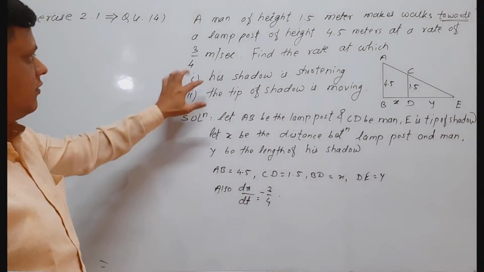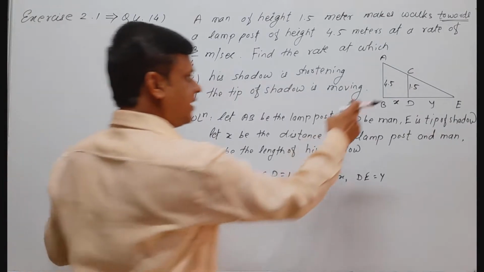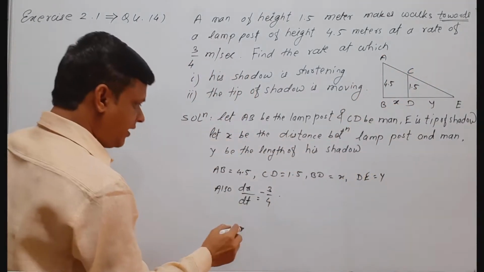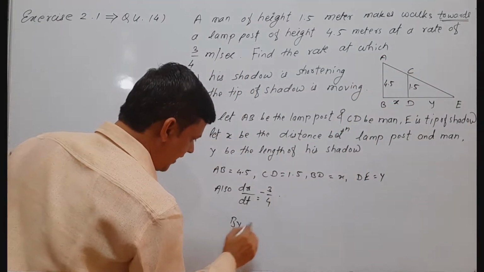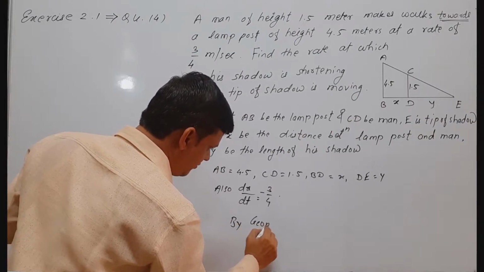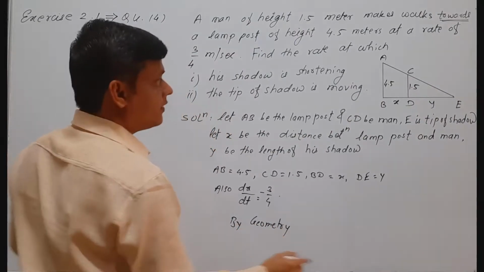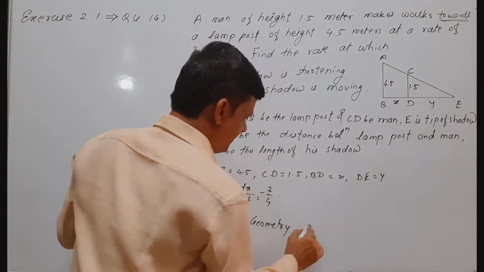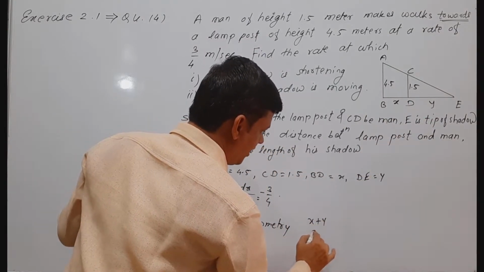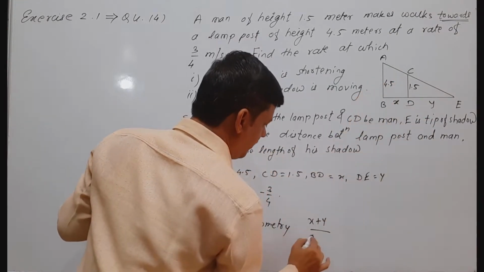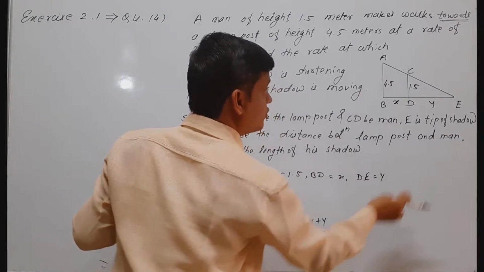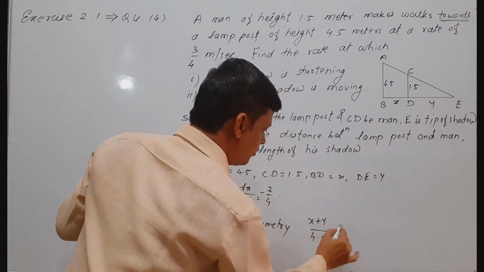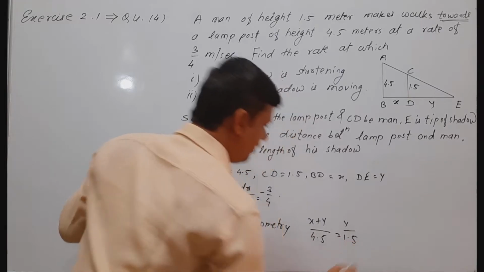Now we write from this diagram, that is by geometry. So write here by geometry: x plus y upon 4.5 is equal to y upon 1.5.